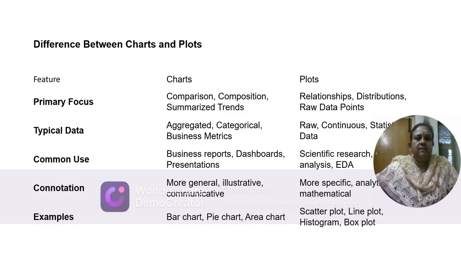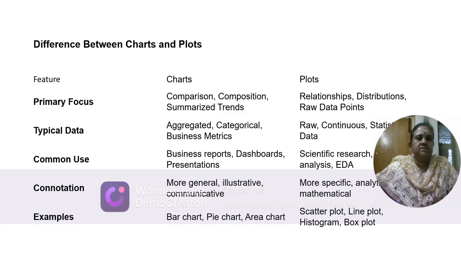And a categorical and aggregated way of representing could be taken in a chart, whereas continuous raw data for a statistical way of analysis can be handled in your plot. The common usage for charts is business reports, dashboards, and storytelling in your organization, whereas plots are mainly used for scientific measures and scientific research, especially for data analysis.